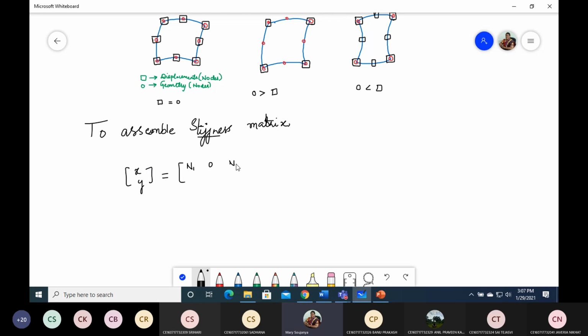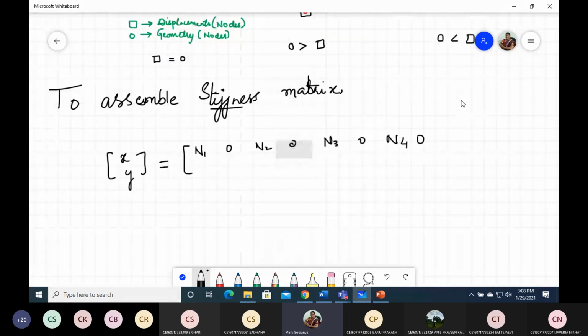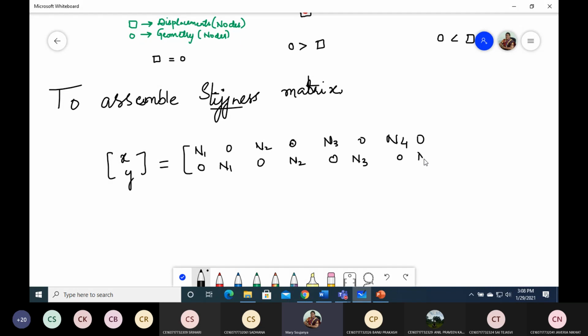N1 0, N2 0, N3 0, N4 0, and 0 N1, 0 N2, 0 N3, 0 N4, with elemental nodal points, that is x1 y1, x2 y2, x3 y3, x4 y4.